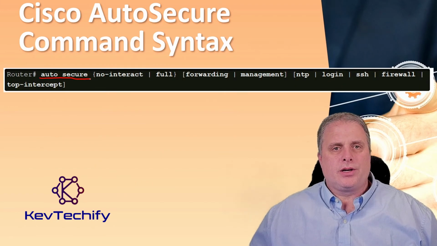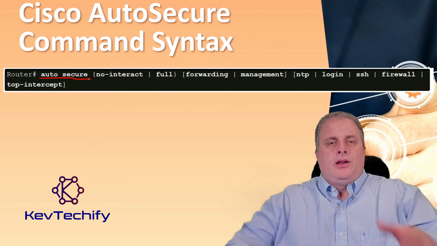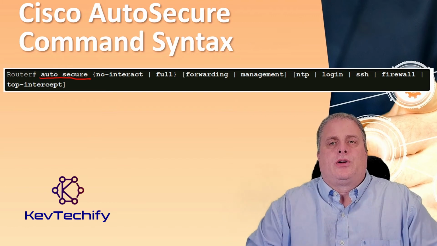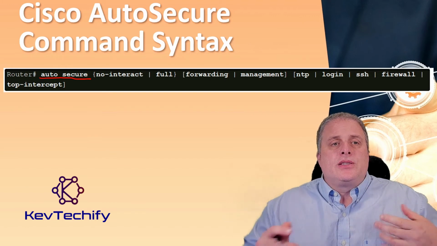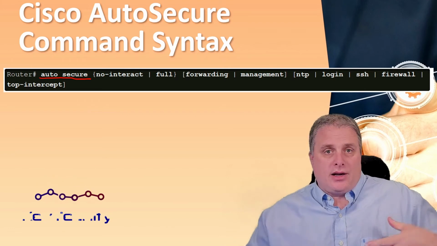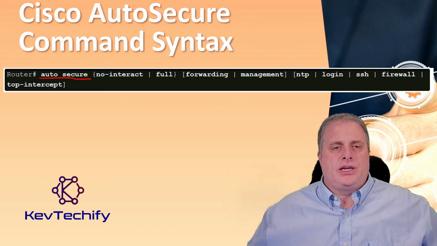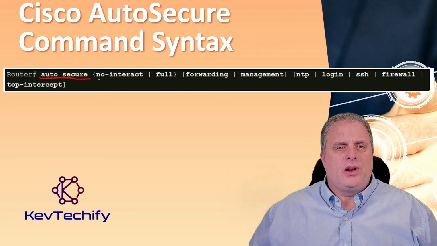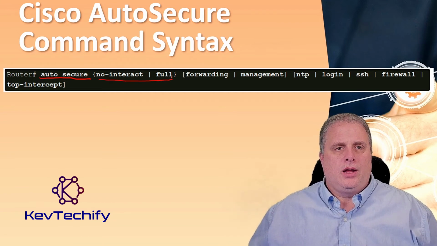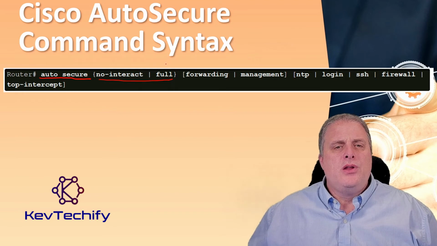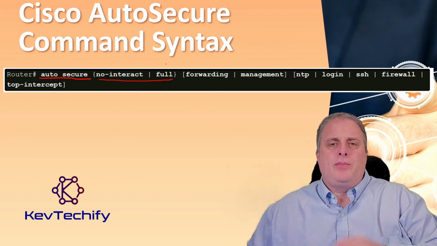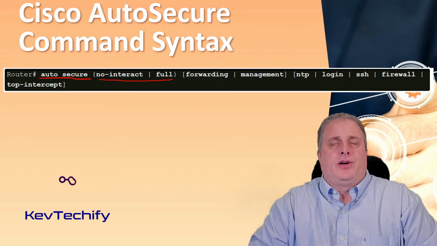The auto secure command is used here to enable the Cisco AutoSecure feature. This setup can be interactive or non-interactive. As we look here, we can see that we have no-interact or full. With no-interact, the user will not be prompted for any interactive configuration.